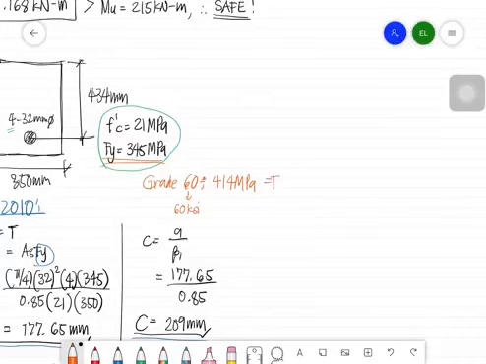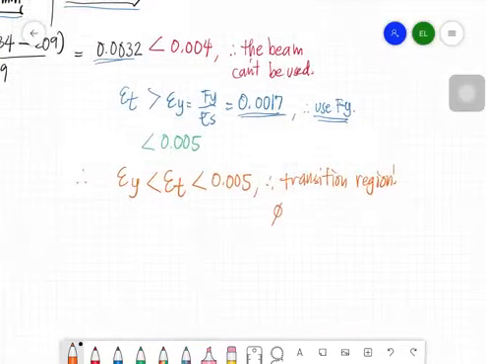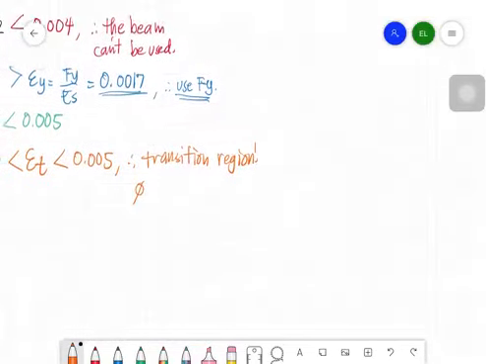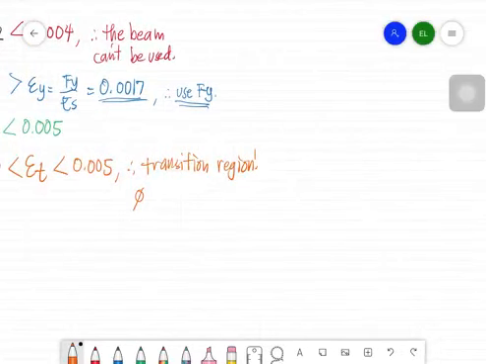We derived last time how to get the value of phi if the bar is non-prestressing steel and the bar is not a grade 60 bar.